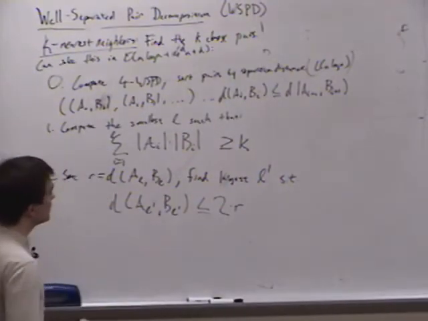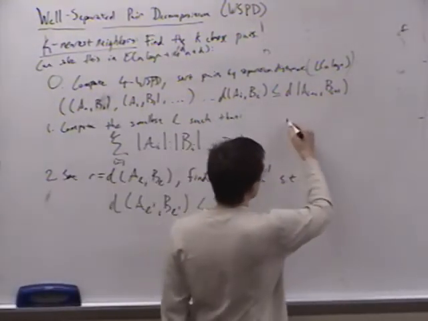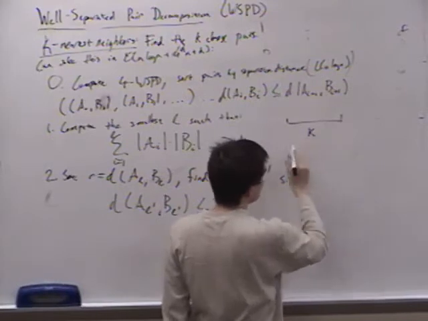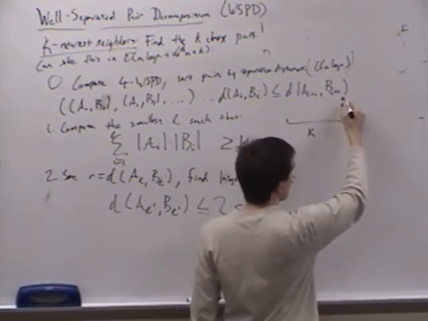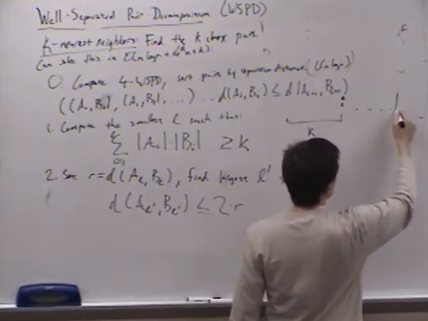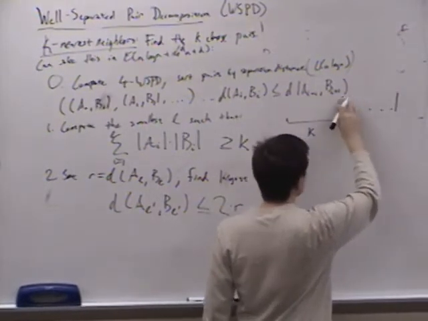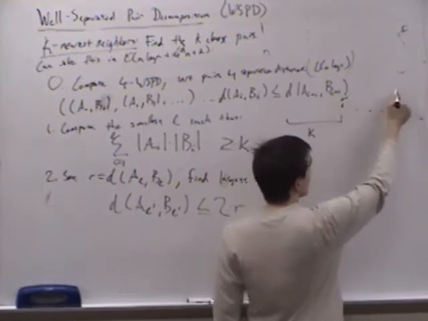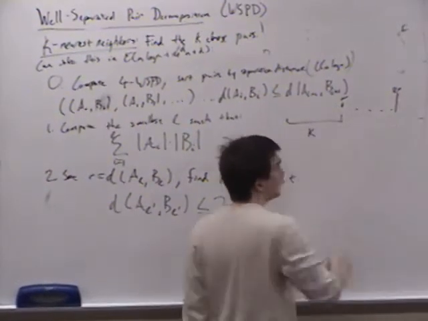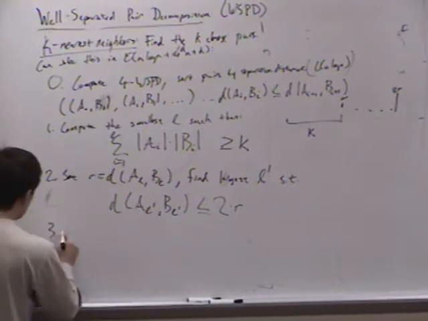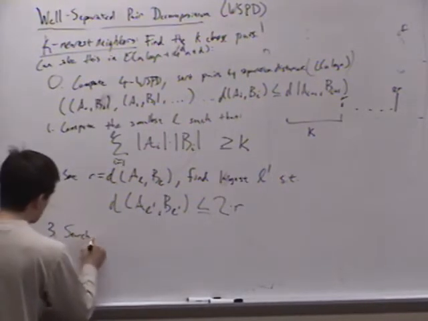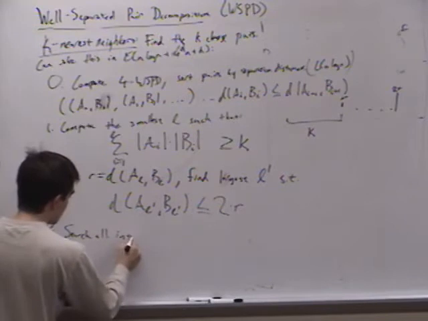The idea here is that we first started out with some collection of pairs. This has k interactions in it. The distance here is L. We'll go out to this distance here, which is R. We're now going to go out to this range 2R. Now that we've done that, search all interactions.